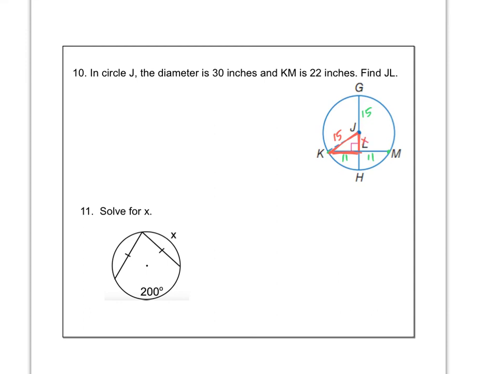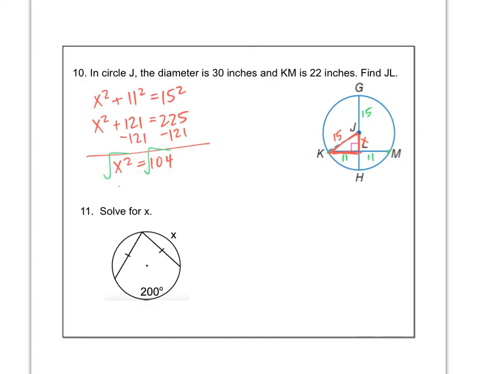We have a right triangle, so we can use the Pythagorean theorem. x squared plus 11 squared equals 15 squared. 11 squared is 121. 15 squared is 225. So we have x squared equals 104. Then we take the square root, and I'm getting x equals about 10.2 inches.